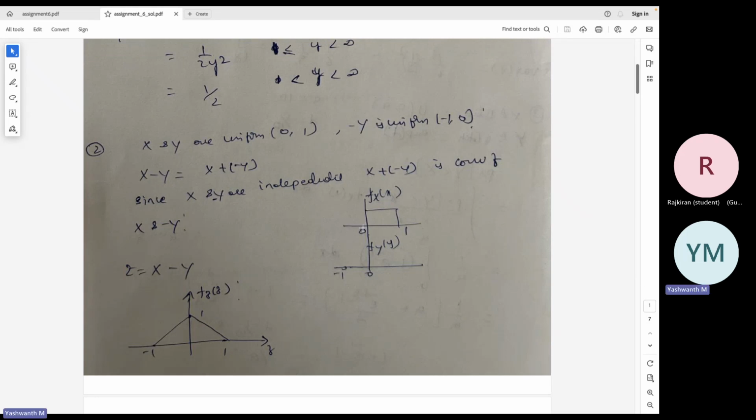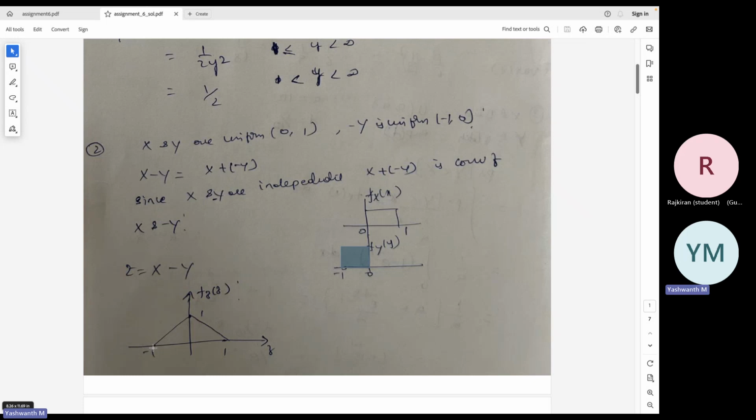Basically, x is lying from 0 to 1, and minus y, sorry for the typo, lies somewhere between minus 1 and 0. When you add them, the convolution of the two functions will be something like this.